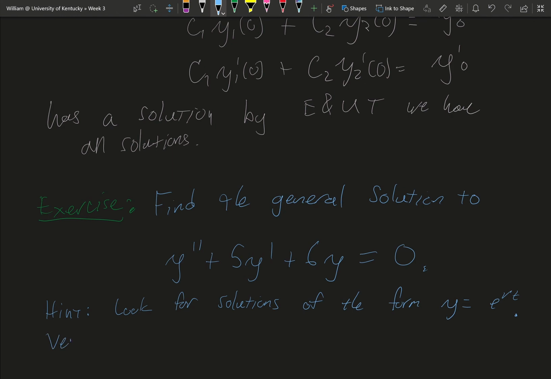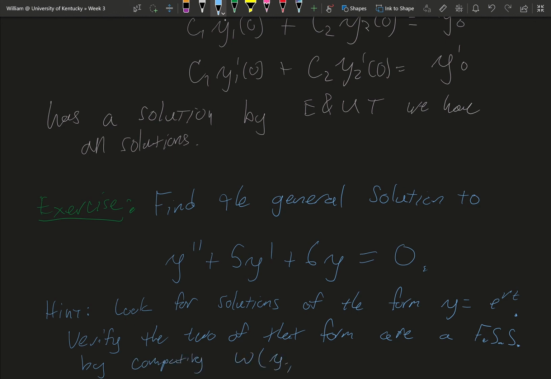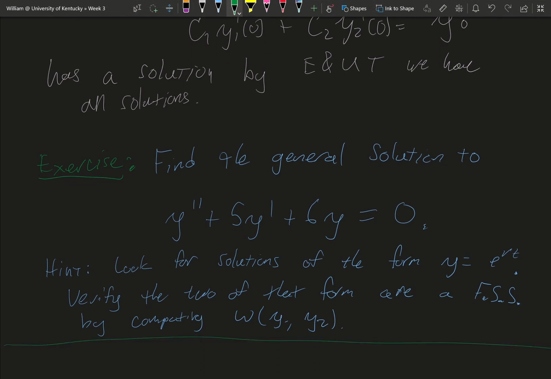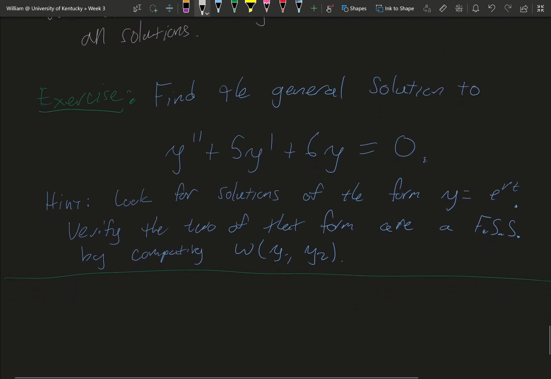You should find two of them, let's say e to the r1 t, e to the r2 t, and verify that the two of that form are a fundamental set of solutions by computing the Wronskian. Okay, so pause, give it a shot.